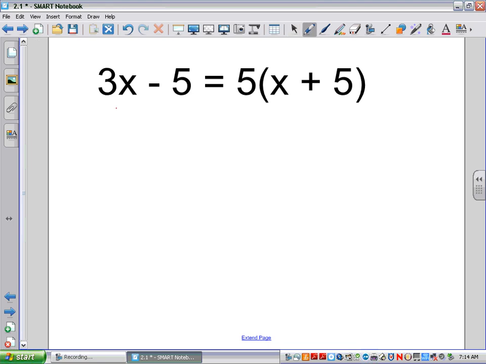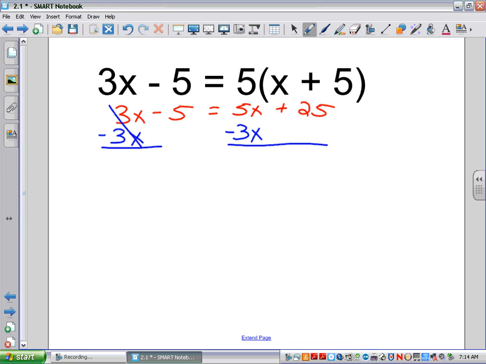Distributive property. 3x minus 5 equals 5x plus 25. And then just to keep things positive, I would subtract 3x from each side. So right here are my opposites. Minus 5 equals, that'd be what, 2x plus 25.